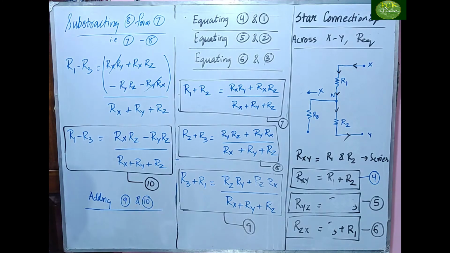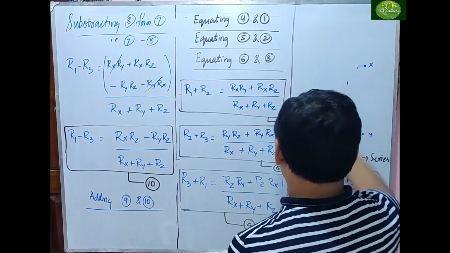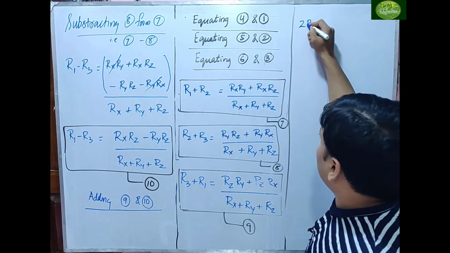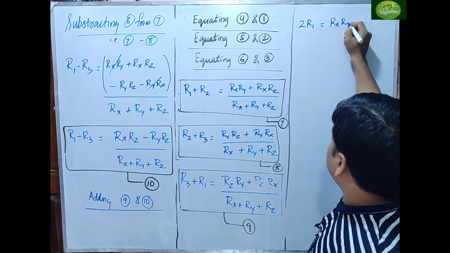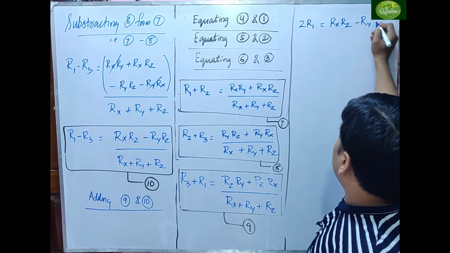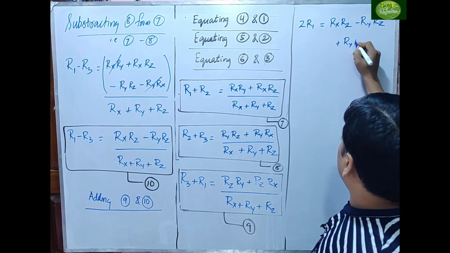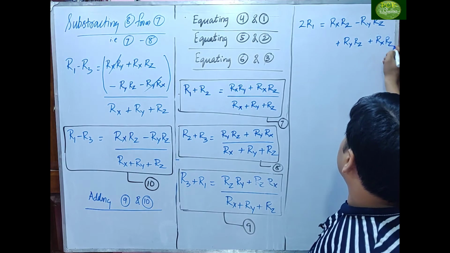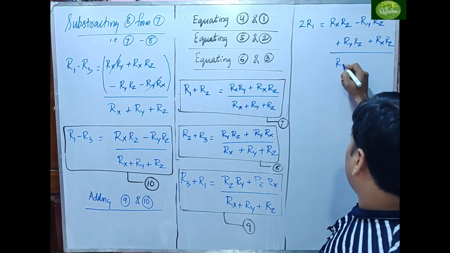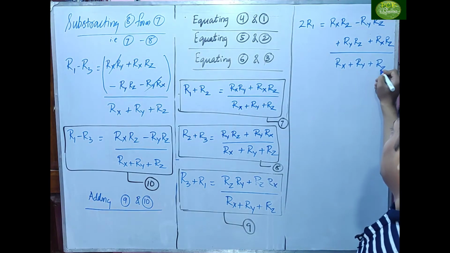By adding 9 and 10, we will be getting 2R1 equals Rx Rz minus Ry Rz plus Ry Rz plus Rx Rz divided by Rx plus Ry plus Rz.